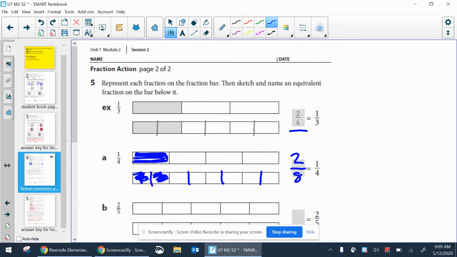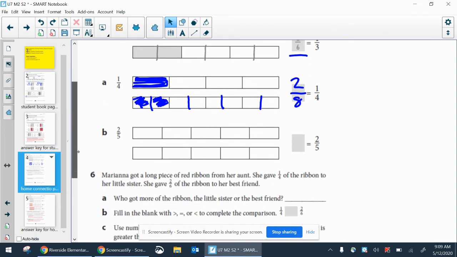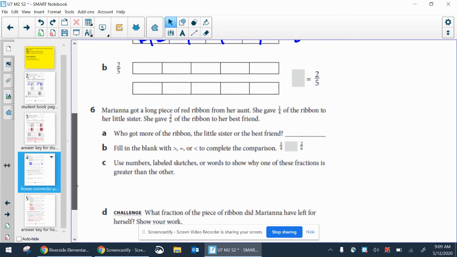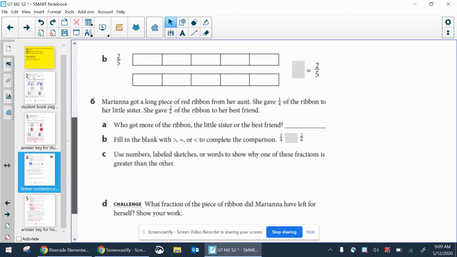So continuing on, students, your job is now to tackle problem 5B with that same idea. Then on the bottom, there is a story problem, and I'll give you a couple of strategies that I want you to try to see which one works best for your thinking.